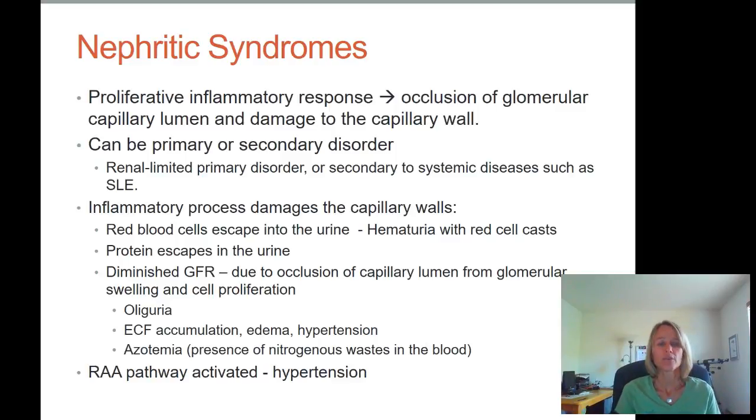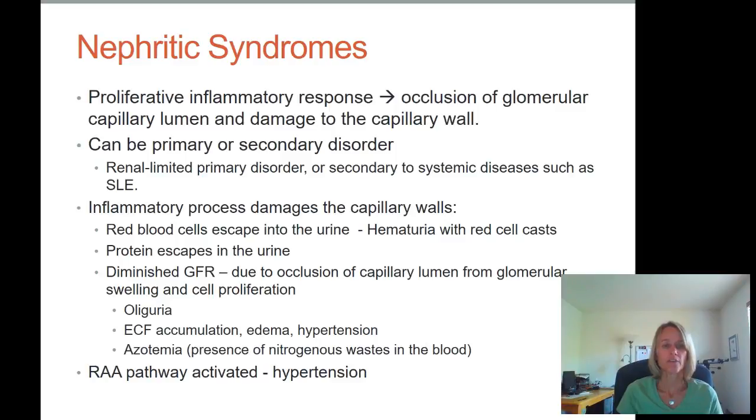So the inflammatory process damages the capillary walls, and we get red blood cells that escape into the urine. So this leads to hematuria, so large amounts of red blood cells in the urine with red blood cell casts. And those are molds of the kidney tubules of red blood cells. Protein also escapes in the urine, but not as much as with nephrotic syndrome that we'll talk about later.